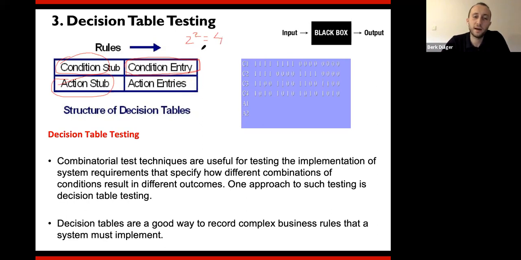If we have 3 conditions, there will be 8 test cases to be displayed. So these are all the possibilities, and action entries show which set of conditions creates which action.